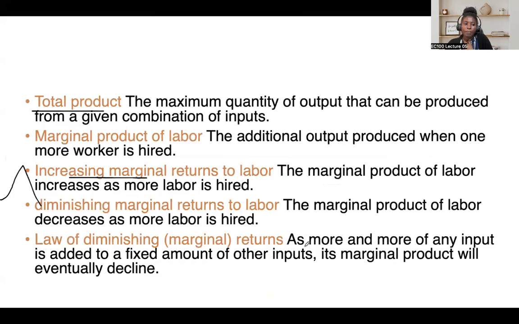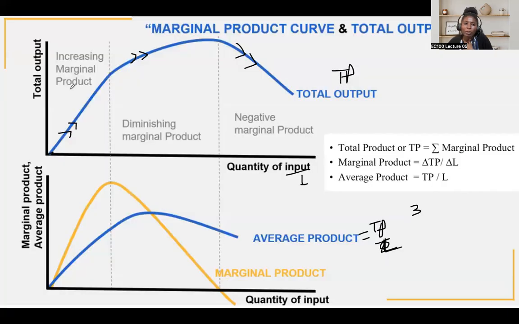All right. These are very important terminologies to know, and these trends are very important. You should know every region. Marginal product takes a certain trend. It can start by declining, or it can start by increasing and then decreasing.